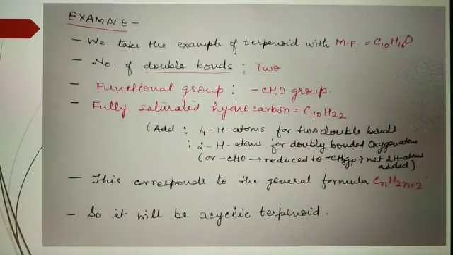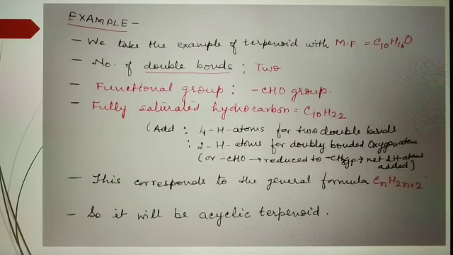Or in other words, we can say that the CHO group is reduced to a CH3 group to convert into a fully saturated hydrocarbon. So we have a total increment of how many atoms? We have a total increment of 6 atoms, and we remove oxygen from its formula. So its fully saturated hydrocarbon will be C10H22.